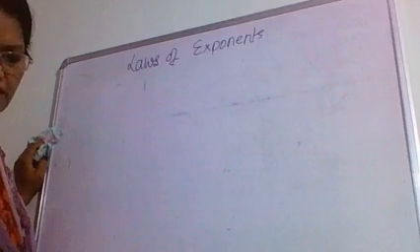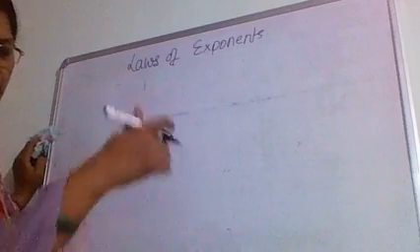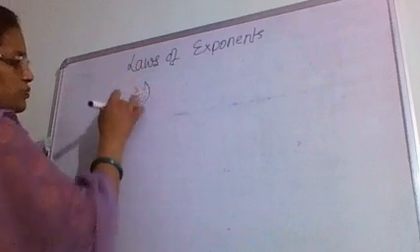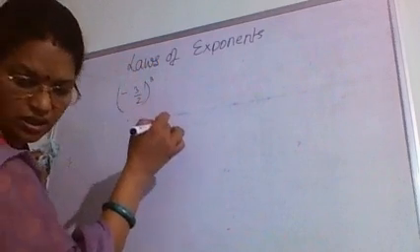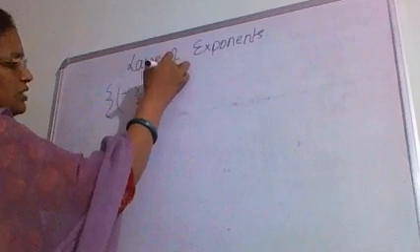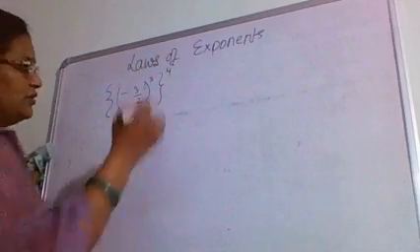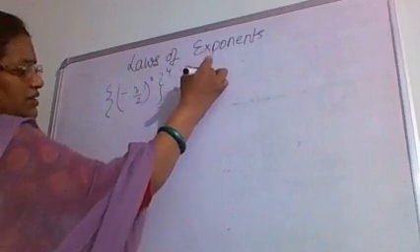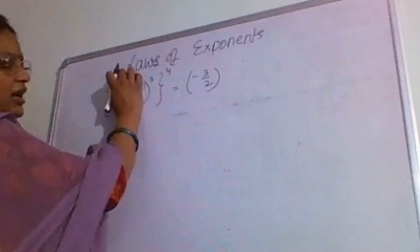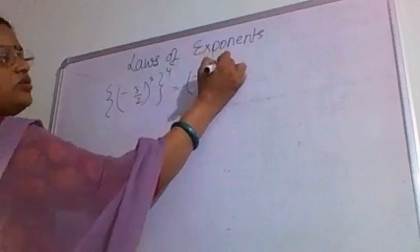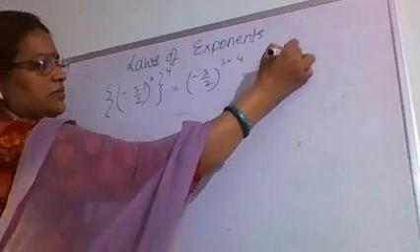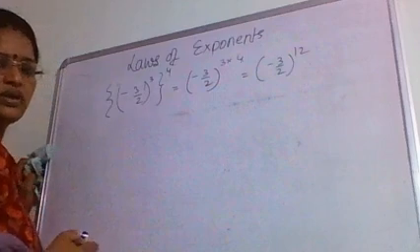The first question: minus 3 by 2 raised to power 3, the whole raised to power 4. Here minus 3 by 2 is the base, so this is the whole base and we are multiplying the powers, 3 into 4. So the answer is minus 3 by 2 raised to power 12.